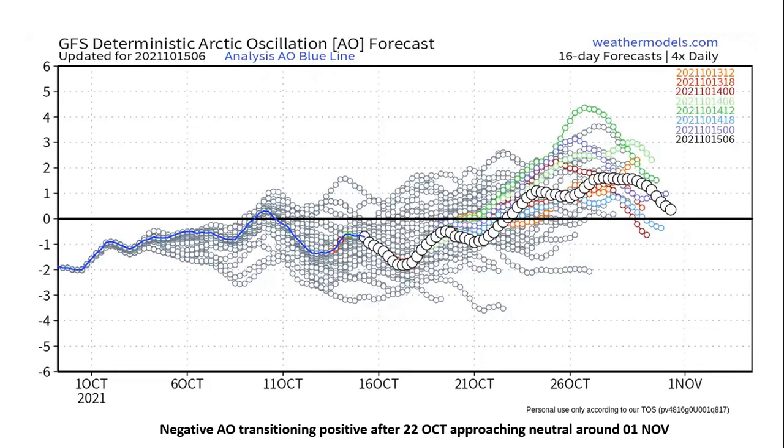And looking at the GFS deterministic AO forecast, you'll notice we are trending in a negative direction right now, but then on this particular GFS deterministic model, we reach neutral conditions around the 22nd of October, and then we go positive, approaching neutral again around the 1st of November.